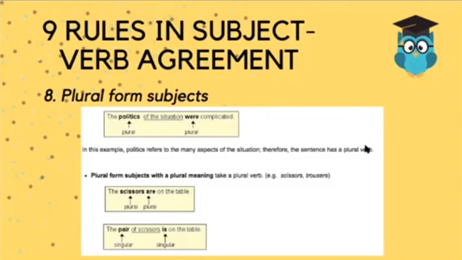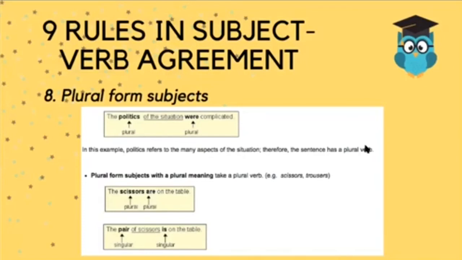Next one is plural form subjects with a plural meaning take a plural verb. The scissors are on the table. Scissors is plural and are is plural. The pair of scissors is on the table. Note in this example, the subject of the sentence is pair. Therefore the verb must agree with it, because scissors is the object of the preposition.